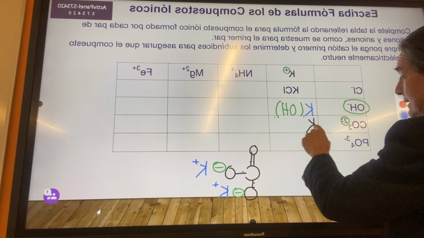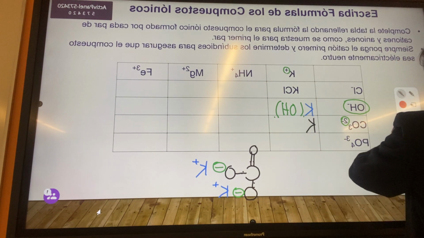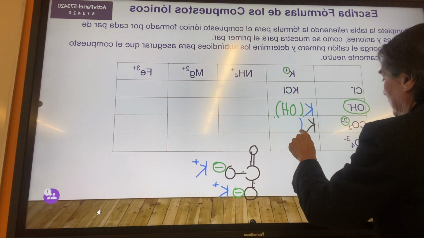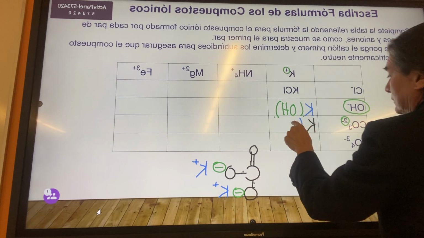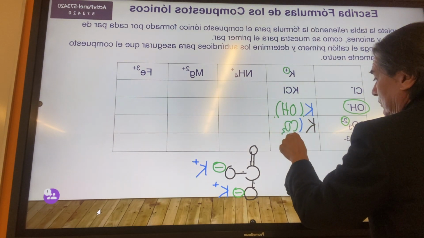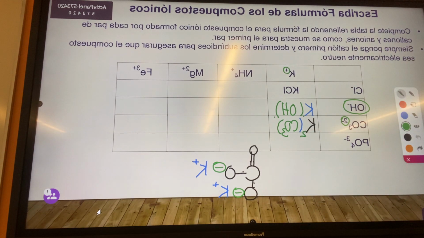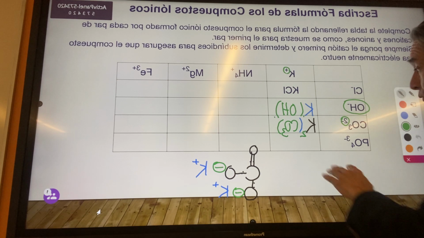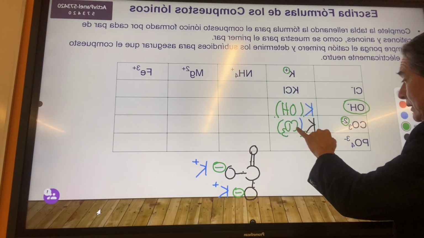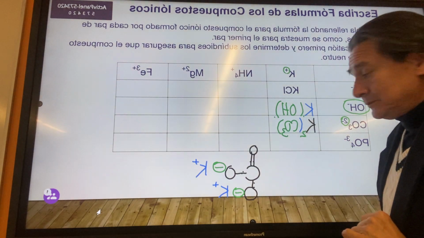So that means that here, your carbonate will look like that, right? So we'll take 2 potassiums with 1 carbonate to form a neutral compound.